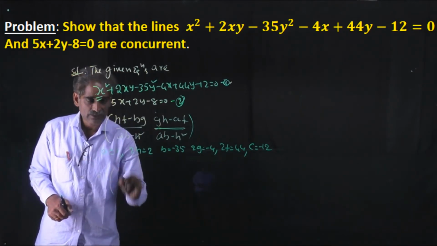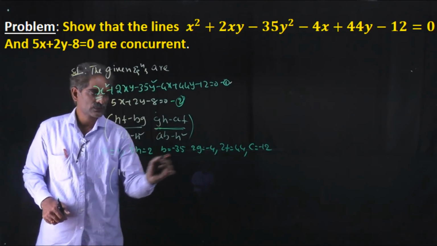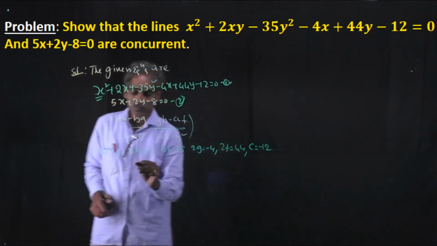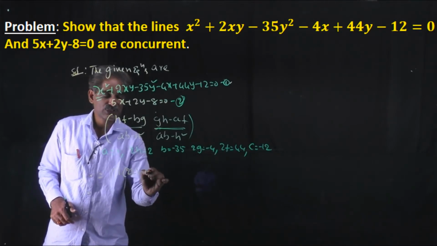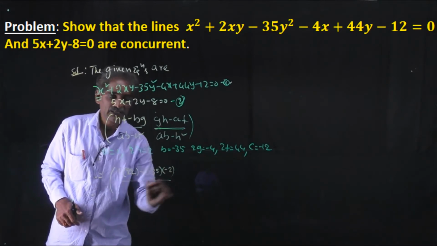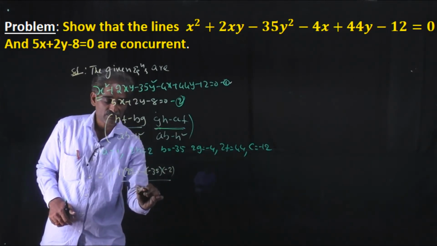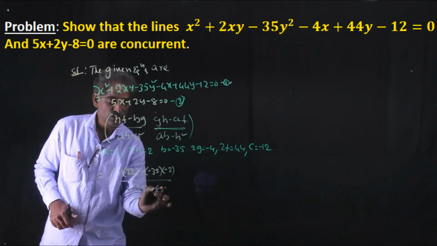So here, 2h equal to 2, h equal to 1, f value is 22. hf minus bg, the value of g is minus 2, by ab minus h square: 1 whole square, the value of h is 1.